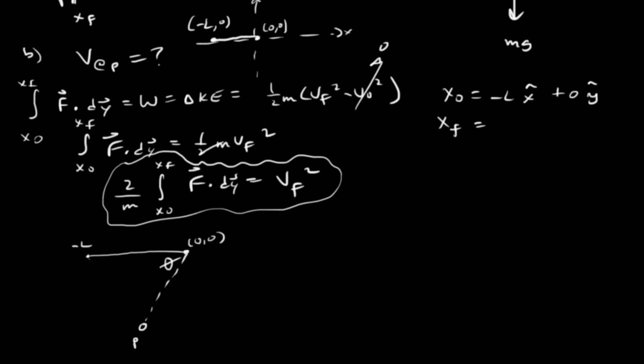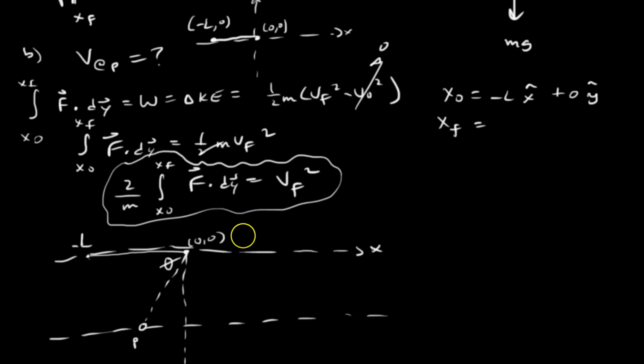Okay, so now what do we got? We have point P and we have the horizontal. This is the horizontal, or you can call it the x-axis. And we know that x0 is going to be negative L, comma 0. So let's draw some lines here.